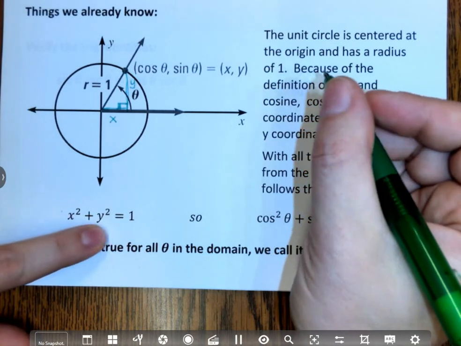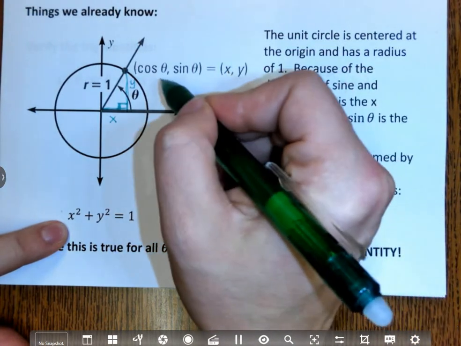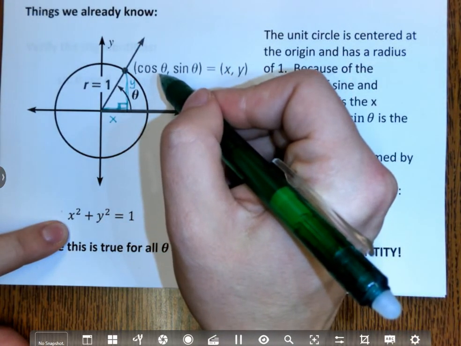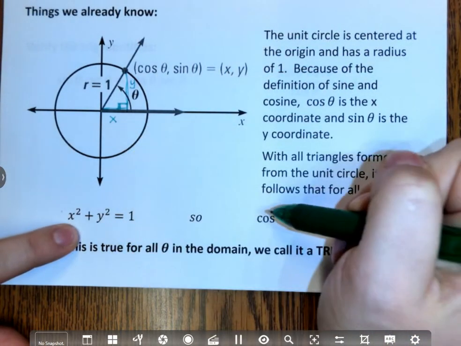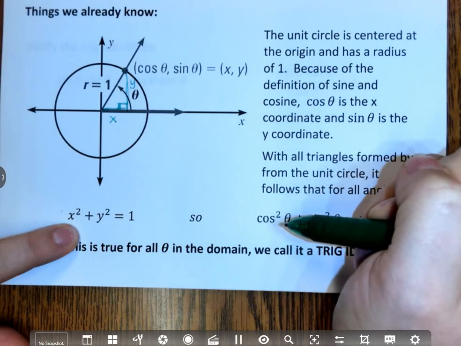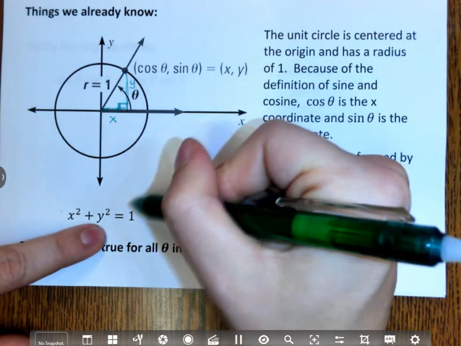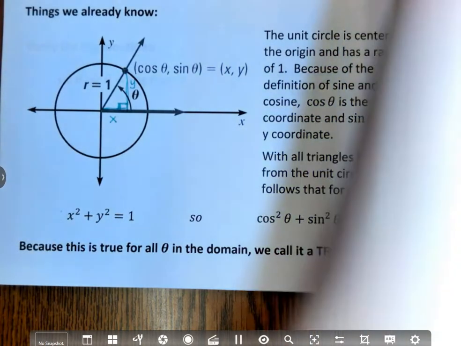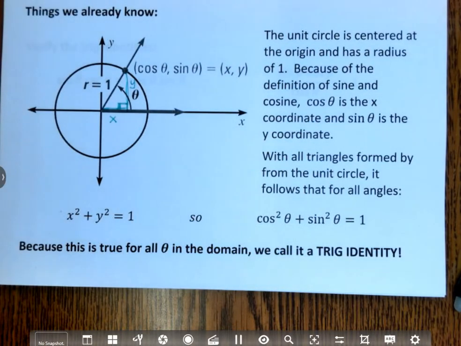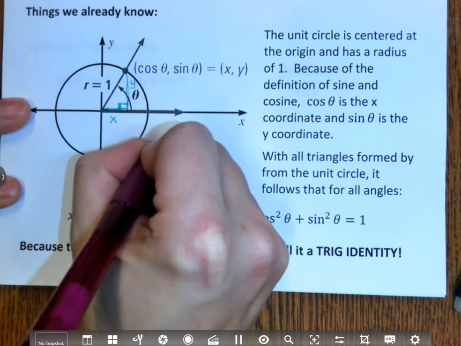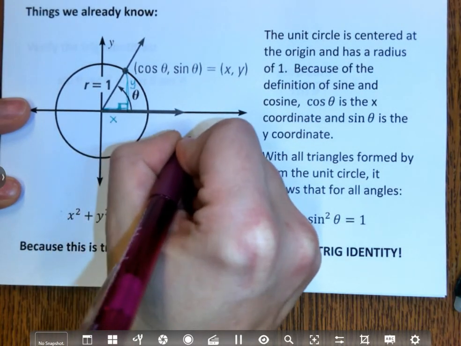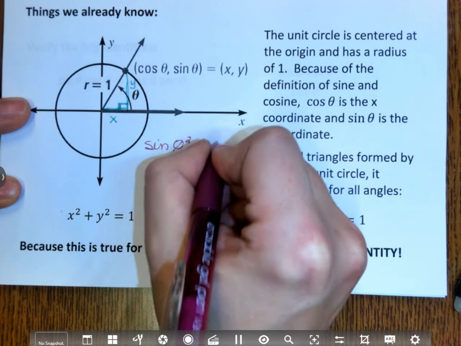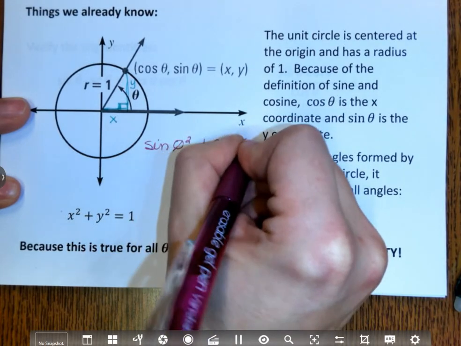All we're going to do now is say, hey, wait a minute, wasn't x cosine? So instead of saying x squared, I can say cosine squared. Instead of saying y was sine, I can say sine squared. The thing that you need to understand, this is a very important notation issue, is that this is not the same thing as that.